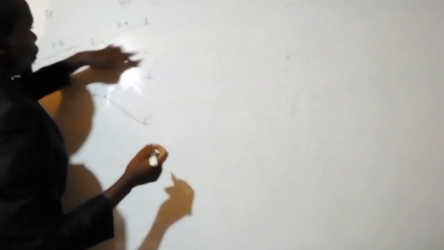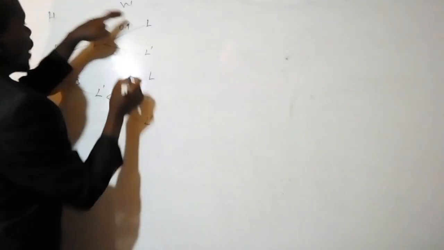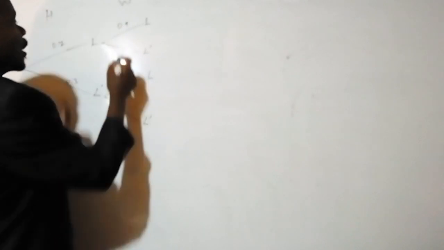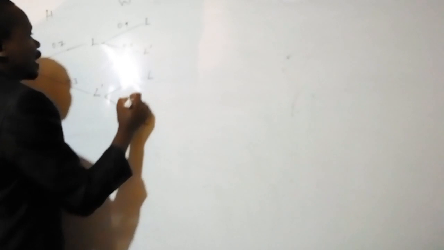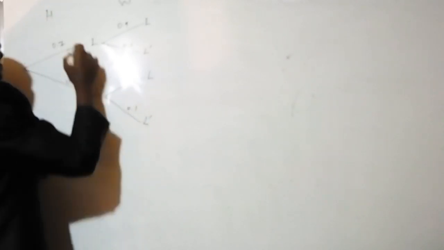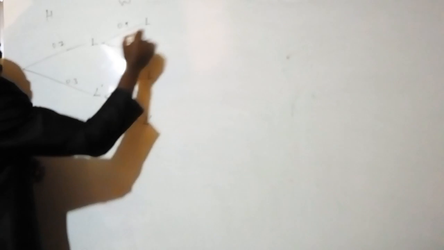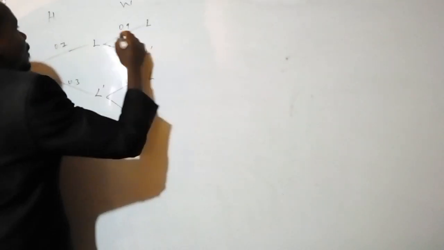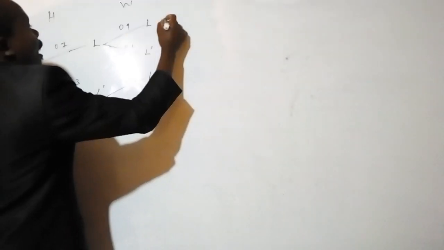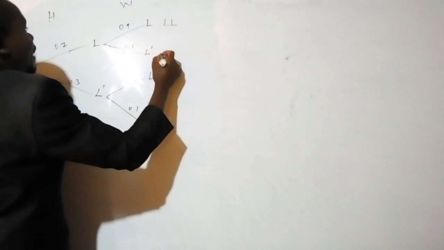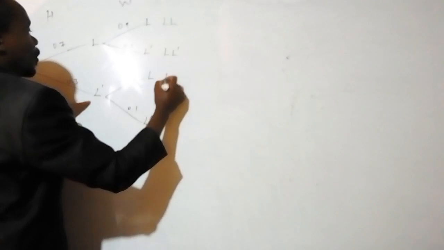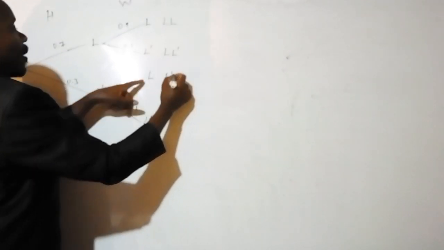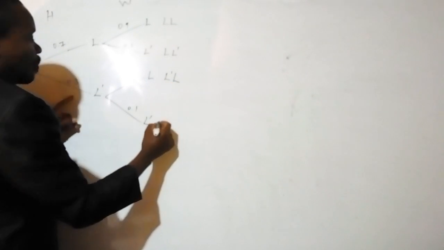The whole of this is supposed to add up to 1, so we take 1 minus 0.9, which is 0.1. It will be the same, 0.9 and 0.1. Now this adds up to 1, 1, 1. Husband alive, wife alive; husband alive, wife will not be alive; husband will not be alive, wife will be alive; both will not be alive.